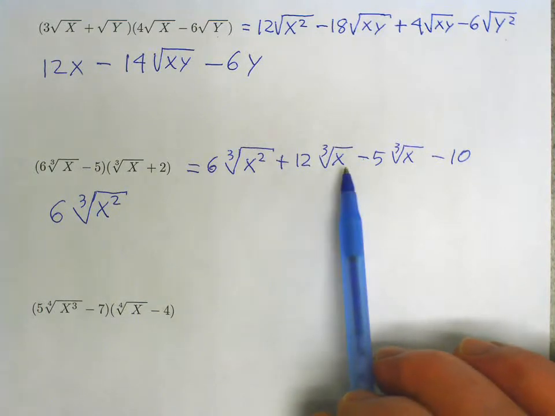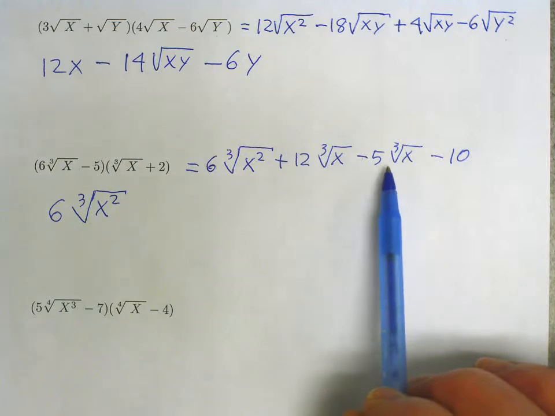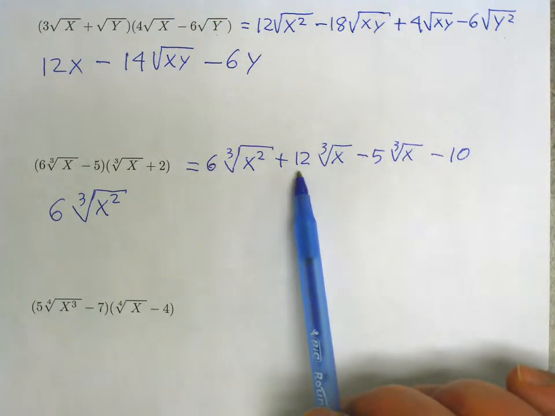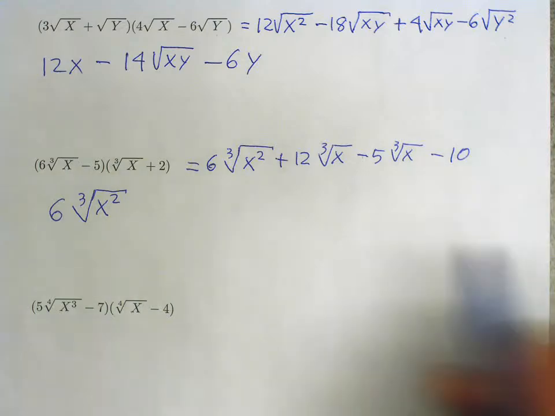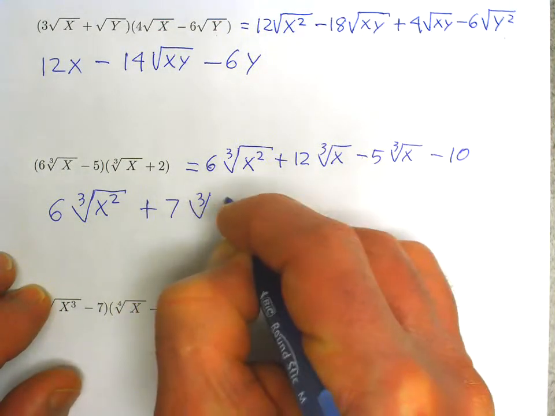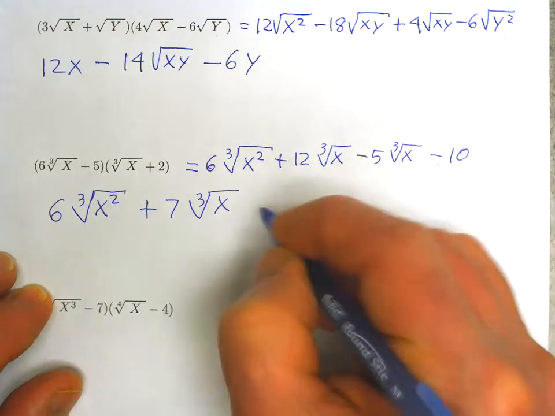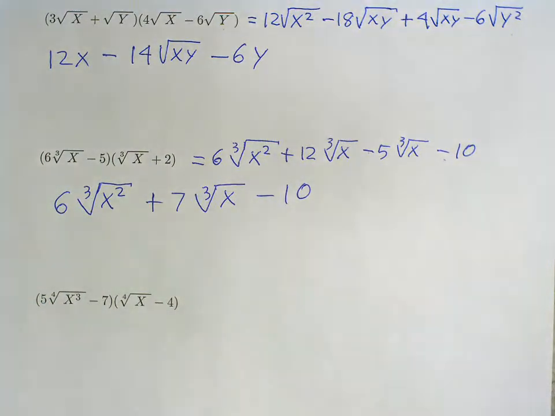So we can go ahead and subtract this one from that one. 12 cube roots of x minus 5 times the cube root of x simplifies to plus 7 times the cube root of x. And then we have minus 10. That's the simplified result of that one.